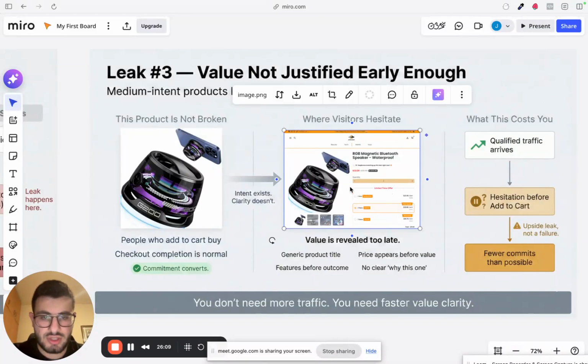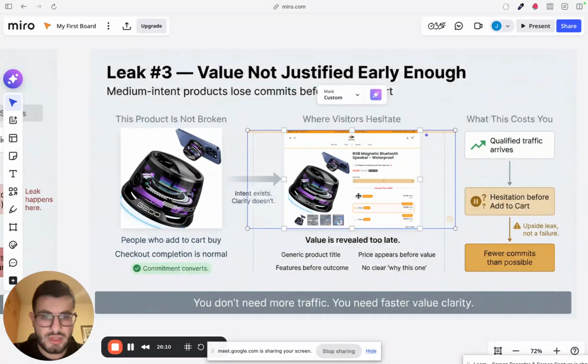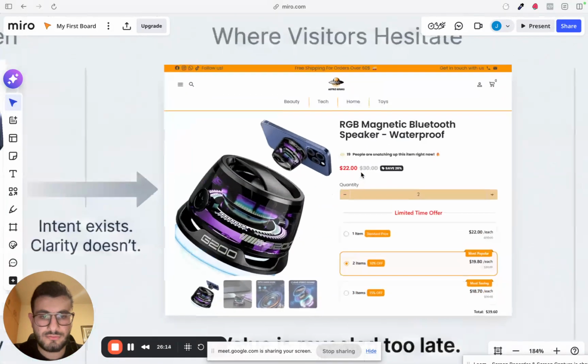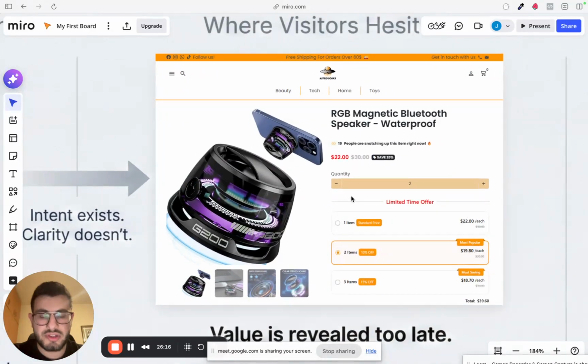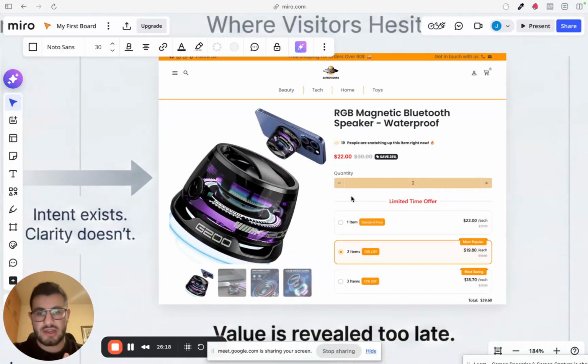So here, if we take a look at the, hold on, if we can zoom. Here, there is no value. It's not showing them any value here. As you can see, there's just a name, and it's telling them 19 people are snatching it up right now. I see what this is doing. This is trying to give urgency, but if it's too obvious for them that you're trying to increase the urgency, they will feel like they're being scammed, it will feel scammy.